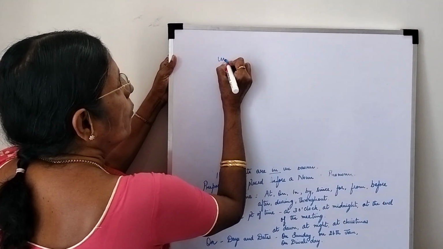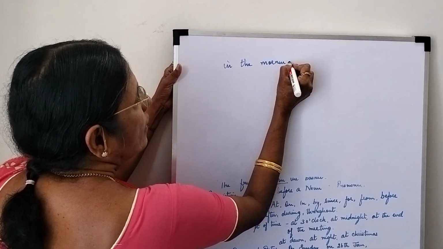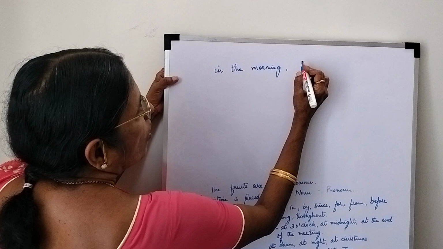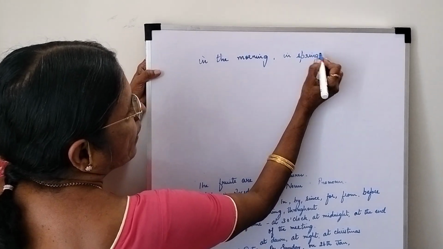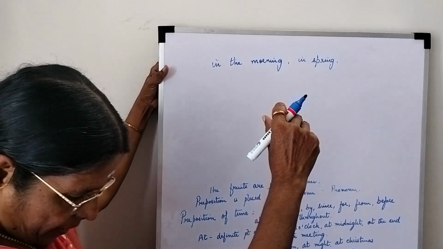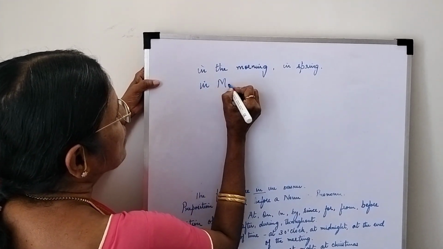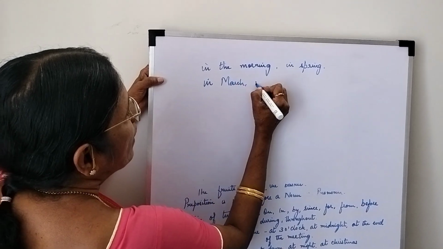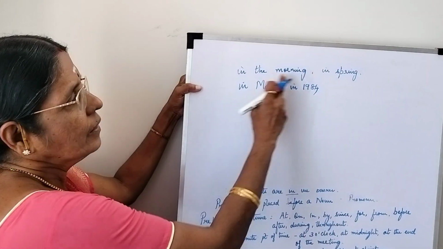See, in the morning, or in the afternoon, or in spring. It's a season, right? In spring. Or we can also say in March. In March. Then we can say in 1984. Right. In the morning.